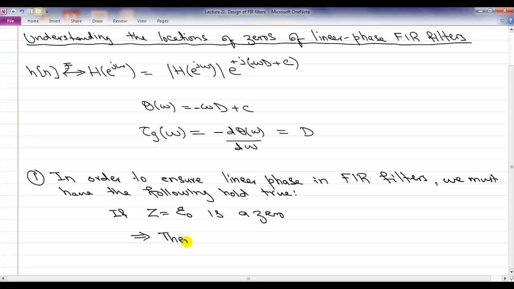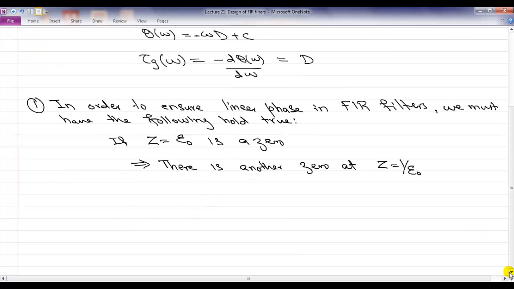There is another zero at z equal to 1 over z naught. So for every zero, you must have another zero at 1 over z naught. If that is the case, then you end up having linear phase.